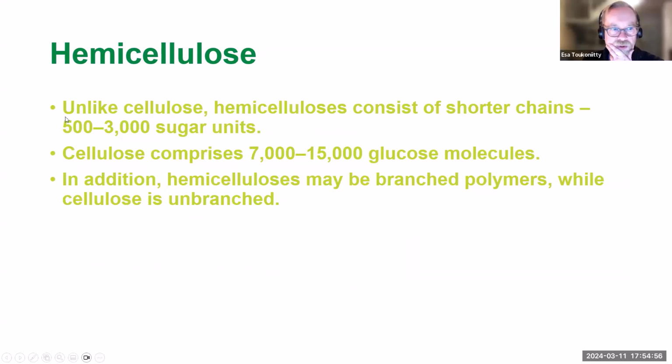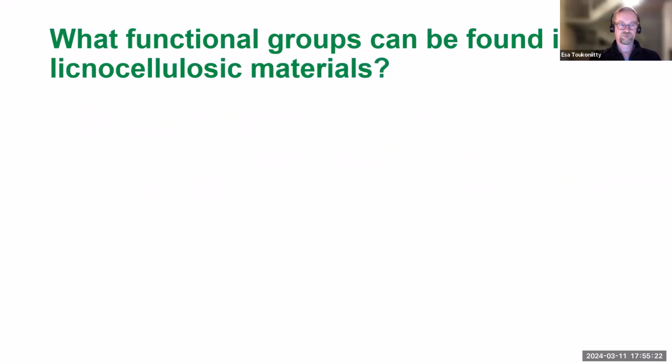Hemicellulose, according to some sources, is a shorter chain structure than cellulose, and also because of the branched structure, it's therefore easier to dissolve and separate from the woody biomass. That's the molecular level explanation.